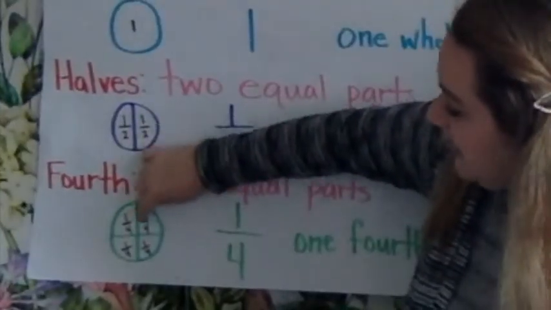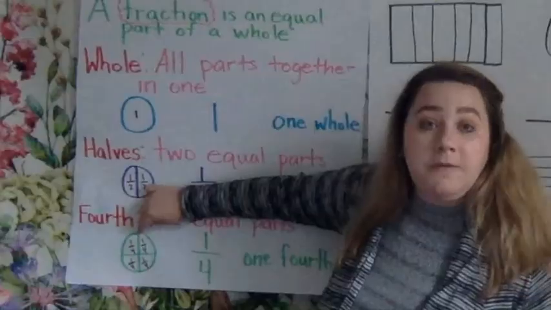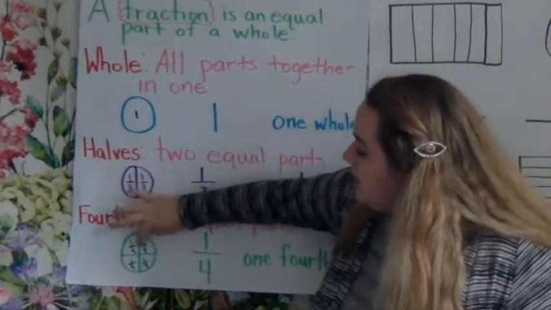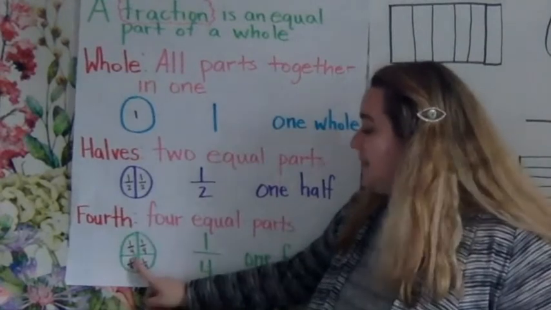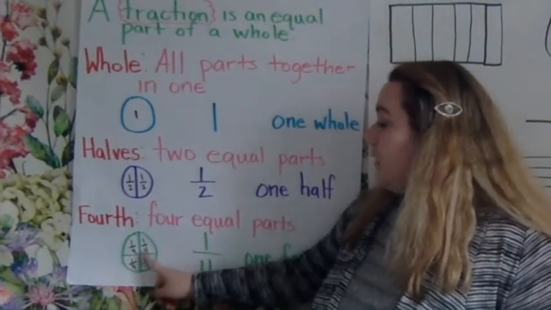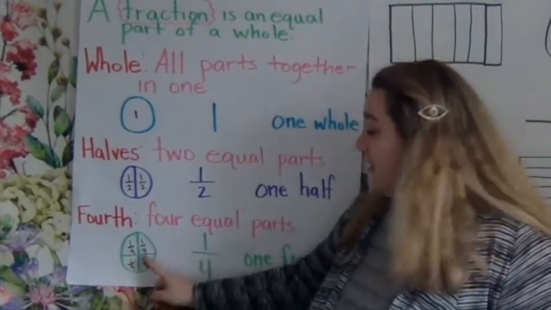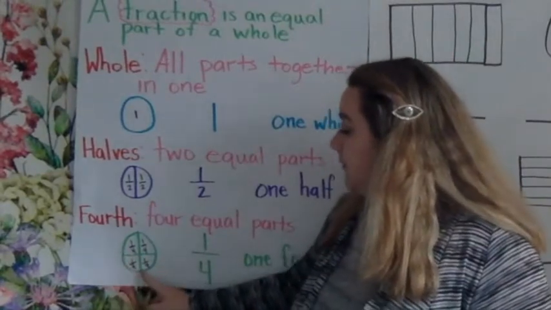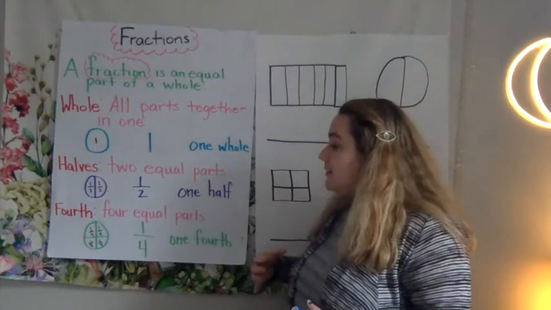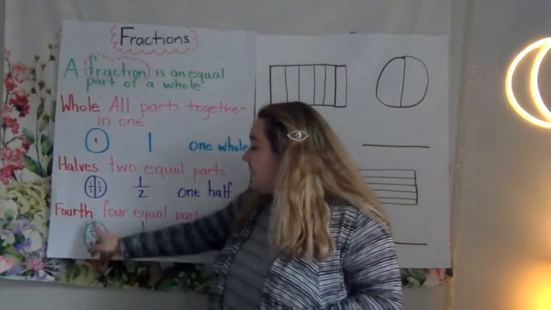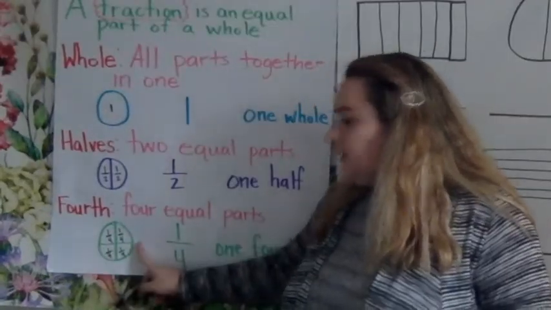Right here, this part, that's 1/4 of the circle. This part is 1/4 of the circle. Moving down here, this is 1/4 of the circle, and this is 1/4 of the circle. I know this because my circle is cut into 4 parts.